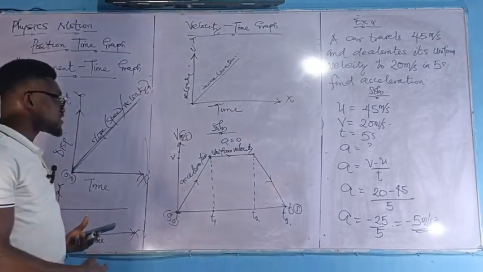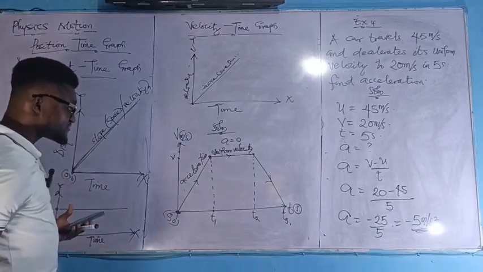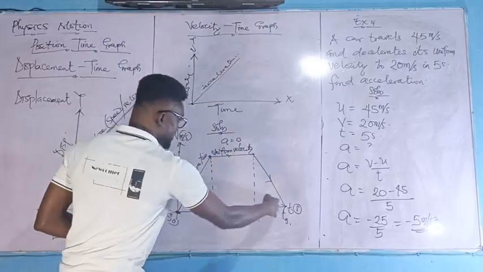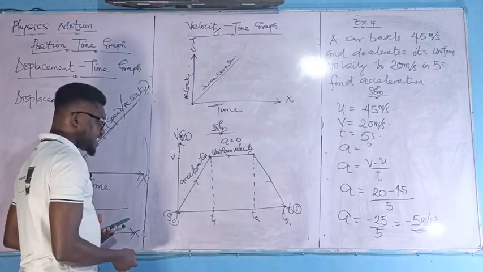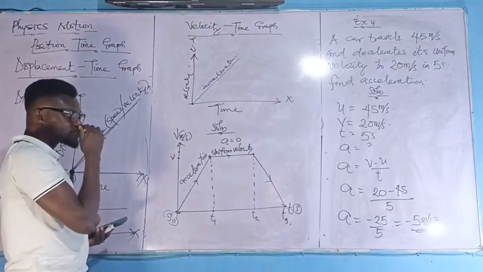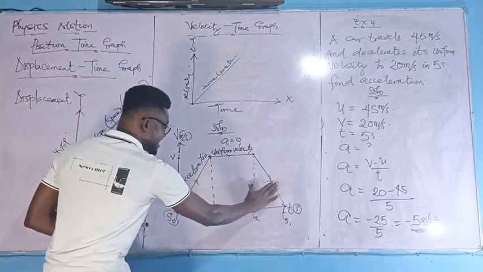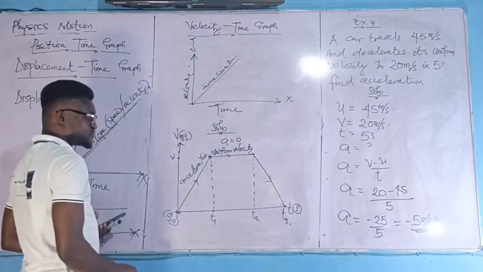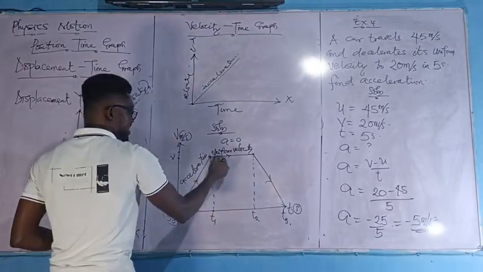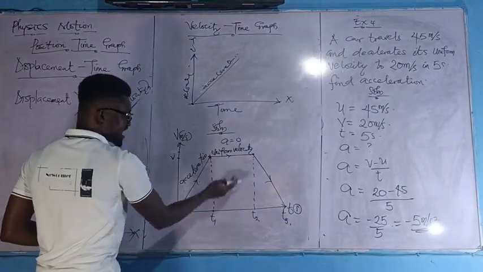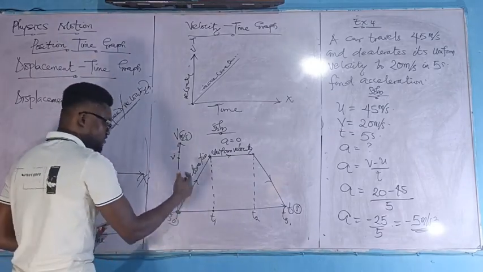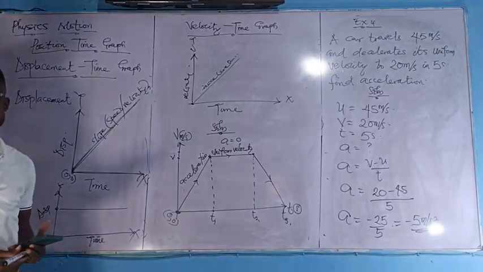There are a lot of deductions you can get here. Graphically, you can calculate the acceleration and the retardation. You may also be asked to find the total distance of the journey, which is the area covered by the body during the motion. This shape is a trapezium, whose area is the half sum of parallel sides times height.